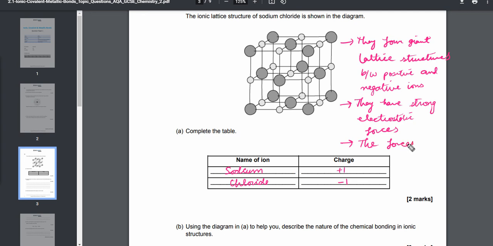The forces act in all directions so they can maintain their structure. So these are the 3 points that you can mention in order to explain the nature of the chemical bonding in the ionic structures.